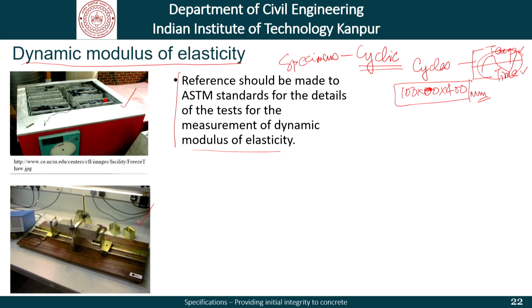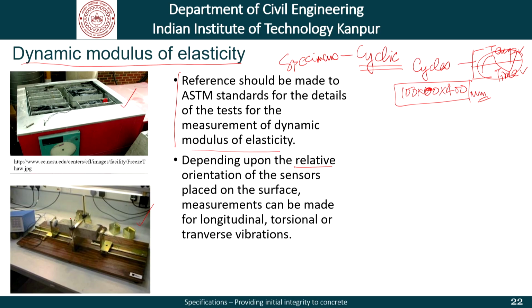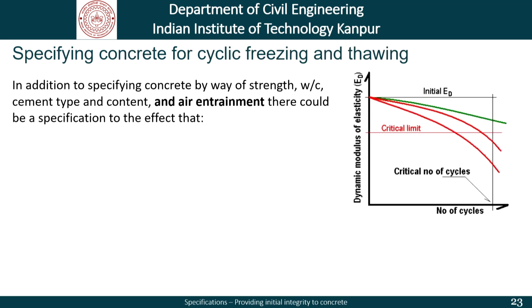shown in this picture. Depending upon the relative orientation of the sensors on this specimen, which are placed on the surface, the measurements can be made for longitudinal, torsional or transverse vibrations, and we get an estimate of the dynamic modulus of elasticity. How we interpret this result is what is given here: we have the dynamic modulus of elasticity plotted against the number of cycles.